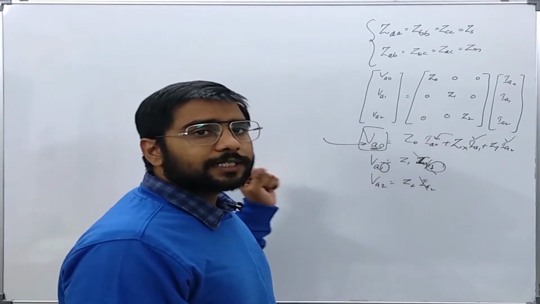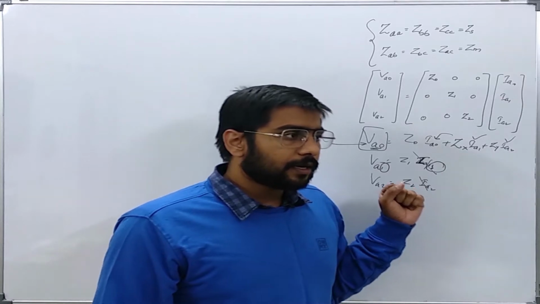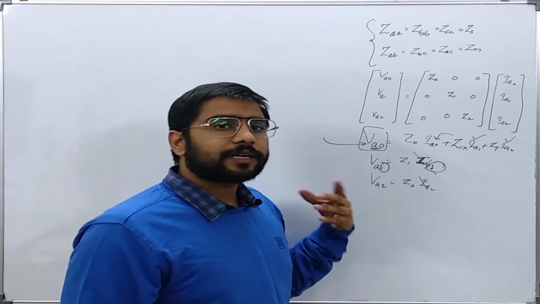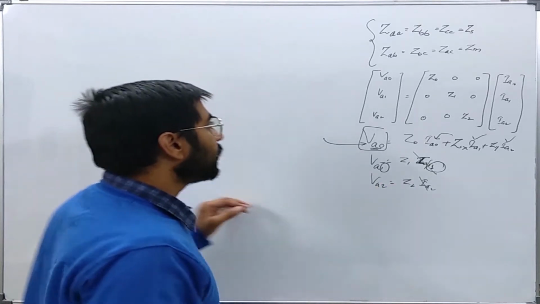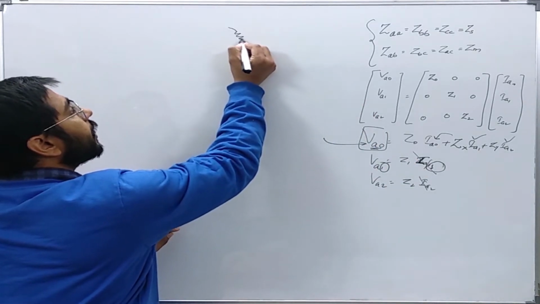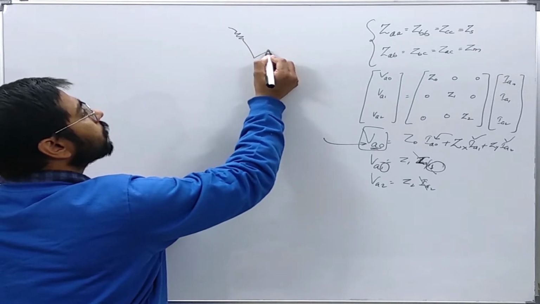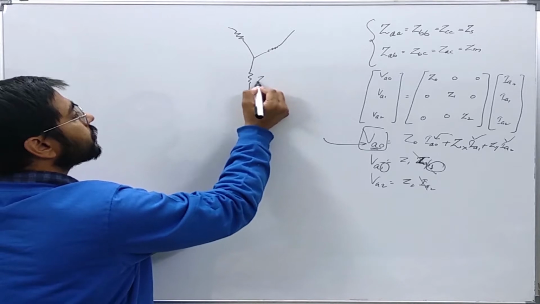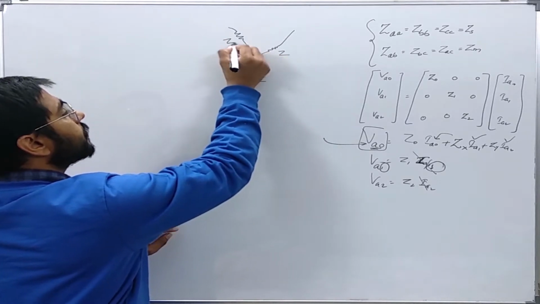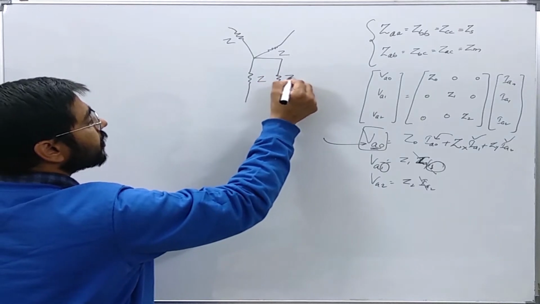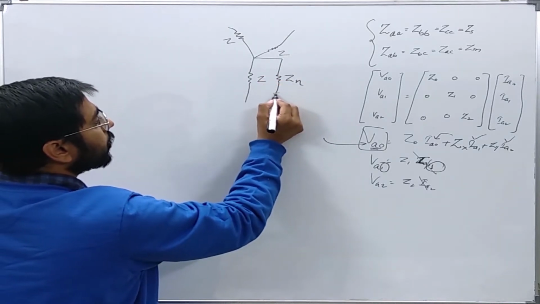Now since we assumed a balanced system, what does it mean when the positive sequence or negative sequence currents are flowing? Let us say that this is a star connected balanced load Z, Z, Z, and it has some neutral impedance Zn to ground.